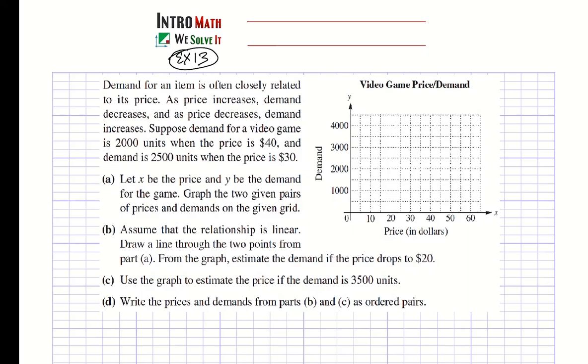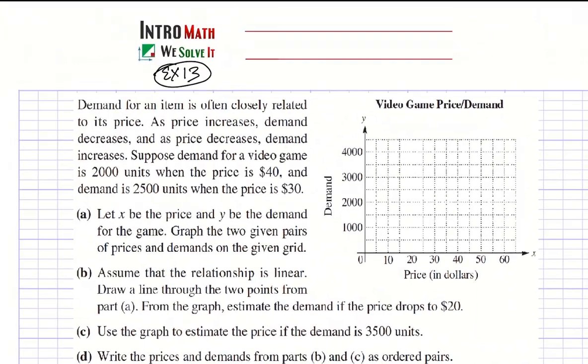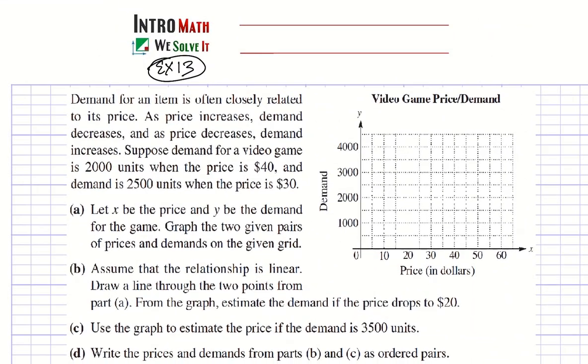Let's look at another problem. Let's look at this one. This one says demand for an item is often closely related to its price, which is true. This is economics. As price increases, demand decreases. As price decreases, demand increases. Suppose demand for a video game is 2,000 units when the price is $40, and the demand is 2,500 units when the price is $30.